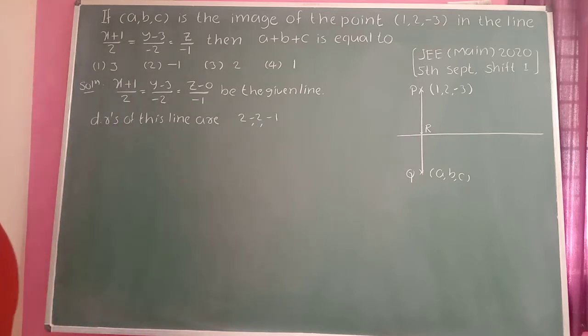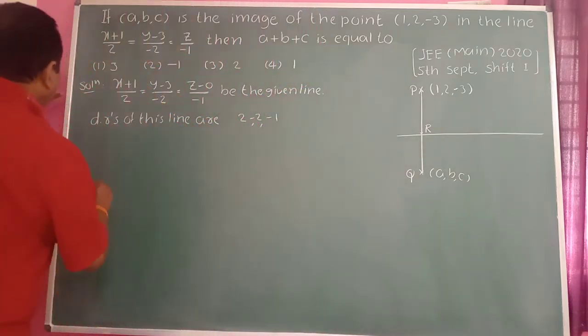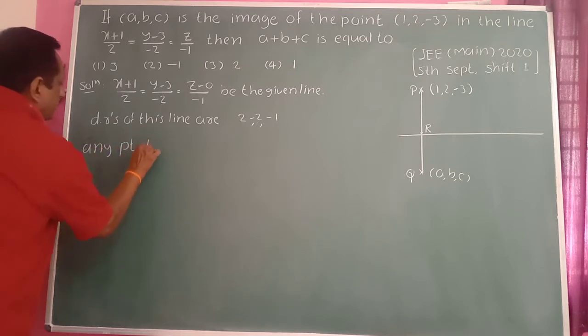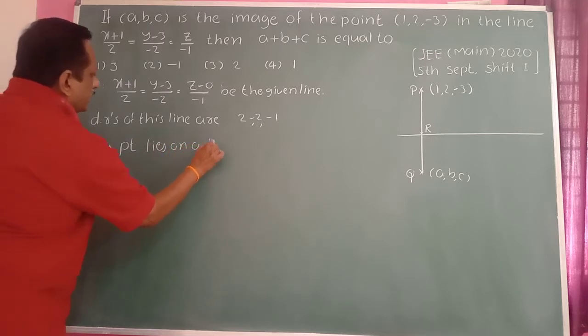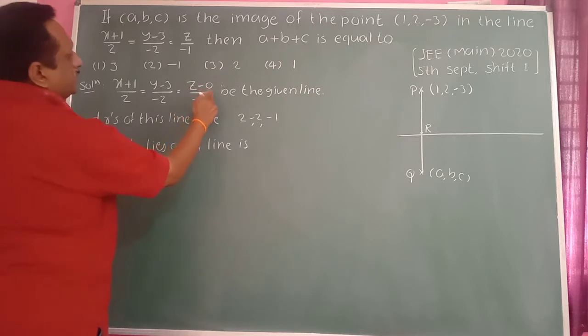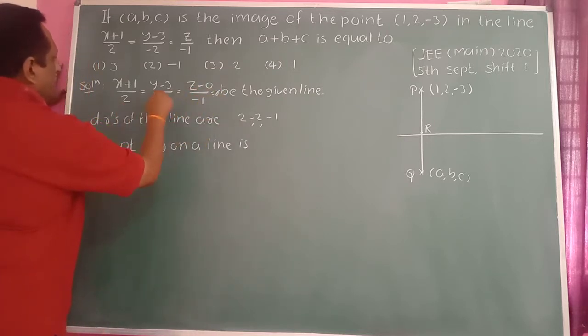Then any point that lies on this line, consider it as some r. Take 2 this side, 2r, take minus 1 this side.